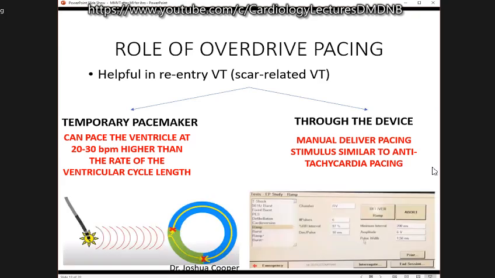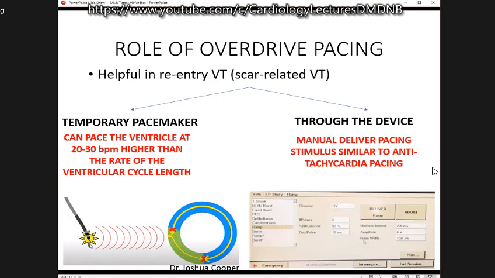And this is just to show a few things. On the right side, this is just to show that on all programmers, we can actually manually deliver the pacing stimulus, simulating anti-tachycardia pacing. And this is the concept Claire sir was telling, that you have a reentry circuit, the green represents the electrically excitable gap, and blue represents the refractory tissue.